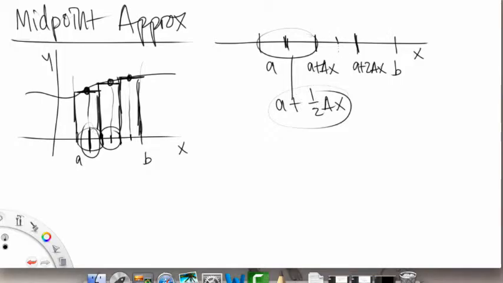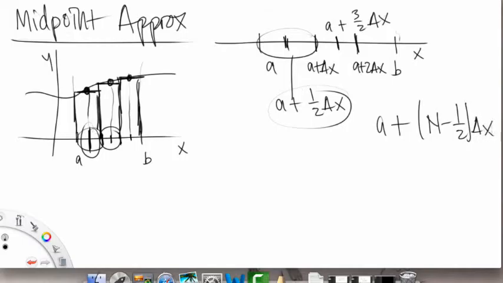Our next midpoint would be A plus 3/2 delta x, 1.5 of them. And so on and so forth until we get to A plus n minus 1/2 delta x. Let me draw one more. So A and B, we have A, something, something, something. Here's B. Let's say this is our last interval right here.